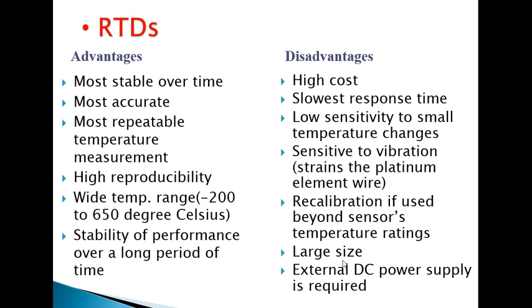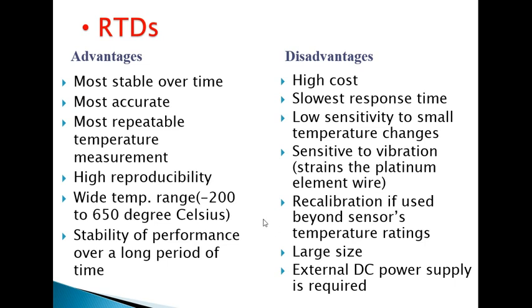Larger size. If you see the thermistors or PRT, the size is large, but size must be small, that is again an important criterion for selection. Generally the size of the thermistor or PRT is larger than other temperature transducers.